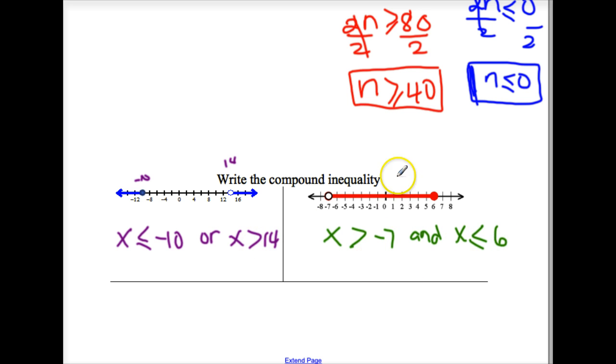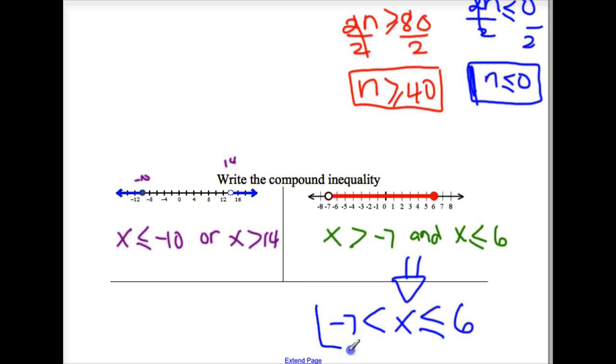So now I have these two. Because we're taking Algebra 2, our third year of math, I can write this as x is less than or equal to 6, or x is greater than negative 7. And this is my final answer.